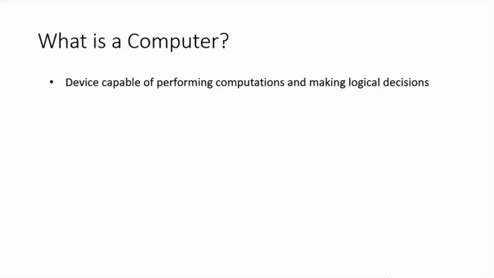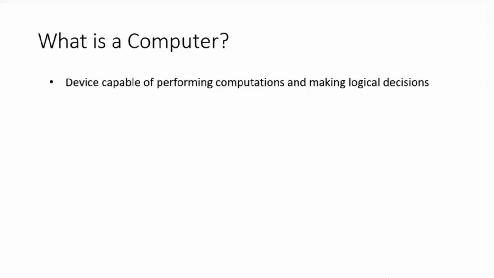Nowadays it is an electronic device, but in olden days a computer was not an electronic device. The first versions of computer were not electronic devices, like the abacus. The abacus is considered to be the first computer.